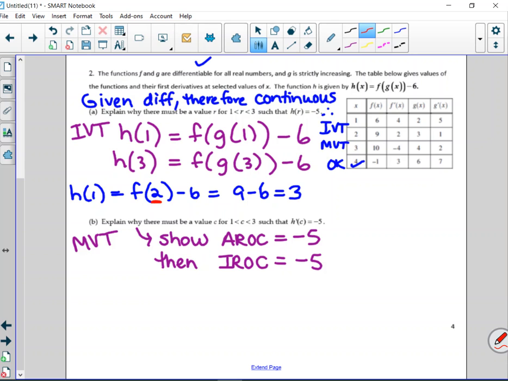That's where my 2 comes from. f of 2 is 9. 9 minus 6, h of 1 comes out to be 3. h of 3 would be f of g of 3. g of 3 is 4. So f of 4 minus 6. f of 4 is -1, minus 6, which is -7.